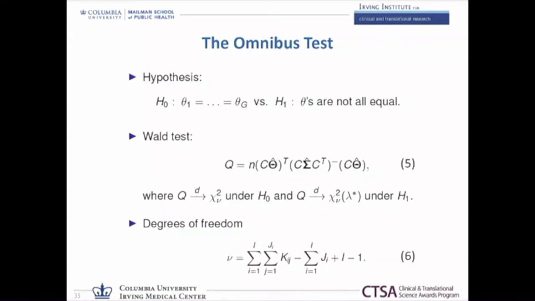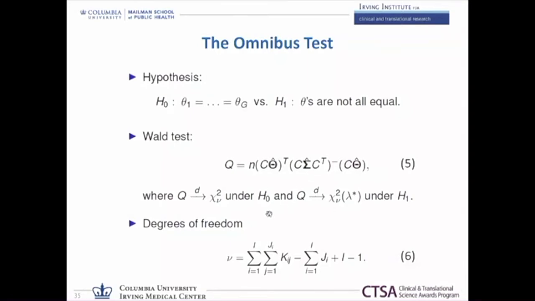So here, formula 5 is how we calculate the test statistic Q for this global test. N is the total sample size of patients who complete the SMART trial. C is the contrast matrix. I will talk about later how to construct it. Theta hat is the estimated value of all the adaptive interventions, and sigma hat is the estimated asymptotic covariance matrix.